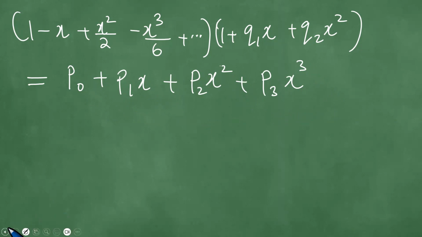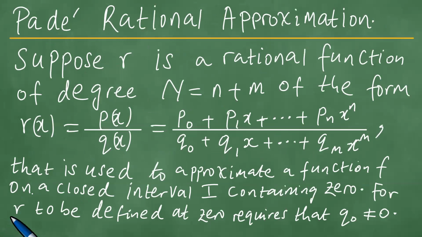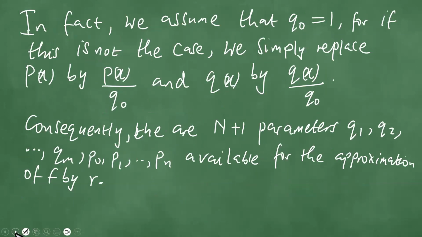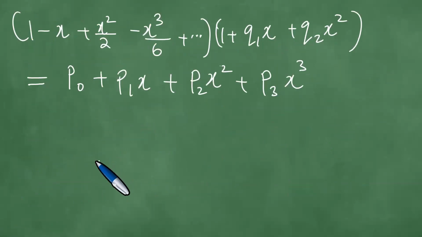This is exactly the same as this. If you cross multiply this, it will be r, and then we multiply that by the denominator by cross multiplication, and it equals the numerator.